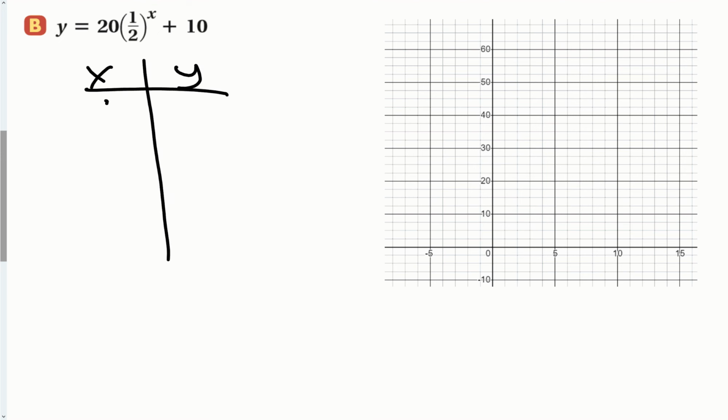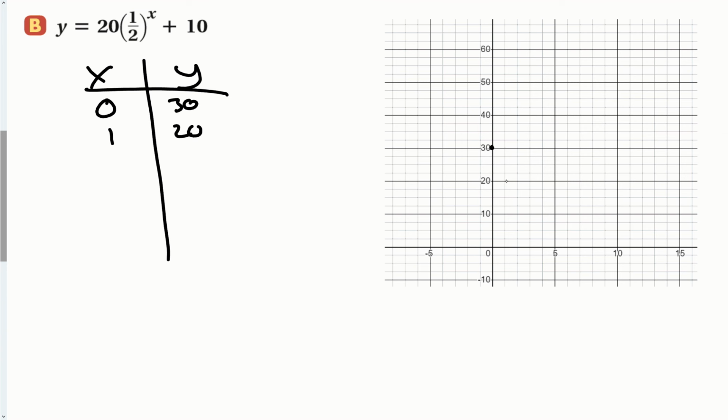If I plug 0 into this table, 1/2 to the 0 power is 1, so that would be 30. If I plugged in 1, 1/2 to the first power is 1/2. Half of 20 is 10. So 1 is 20.